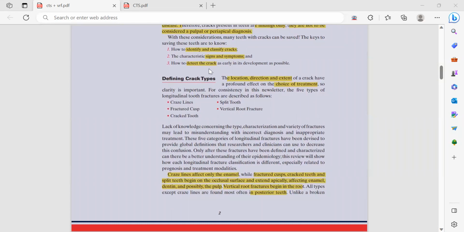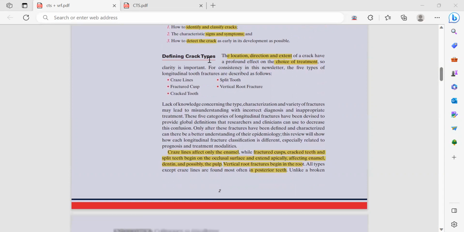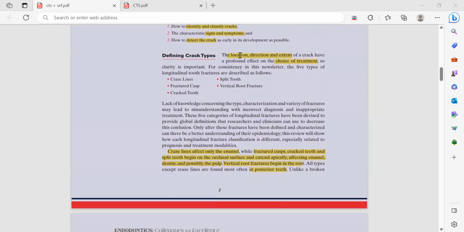The location, direction and extent of a crack have a profound effect on the choice of treatment.